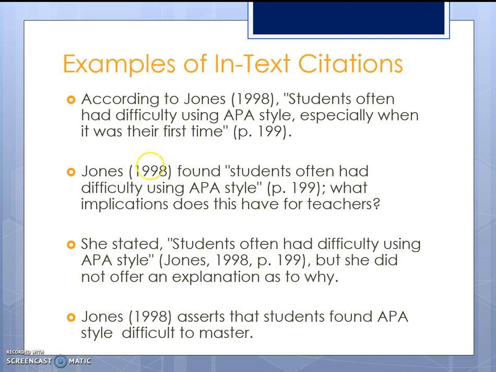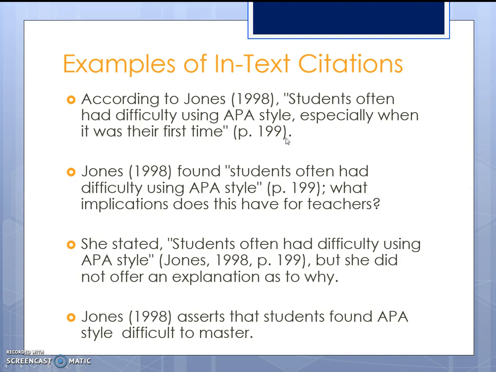Now, I'd also like you to take a look at where the period is. You'll notice that the period actually comes after the citation. This is because the citation is part of the sentence. You cannot actually end the sentence until you've done your citation. Also note that while the author and year come together right here, the page number comes after the actual quote.